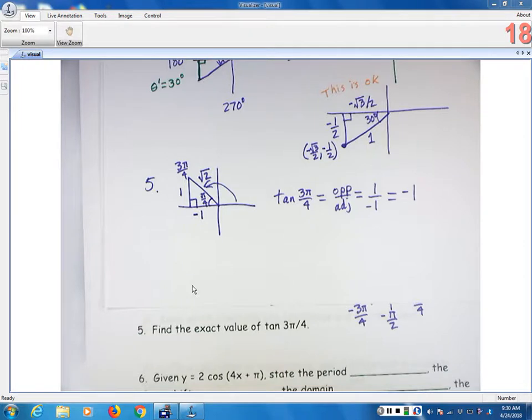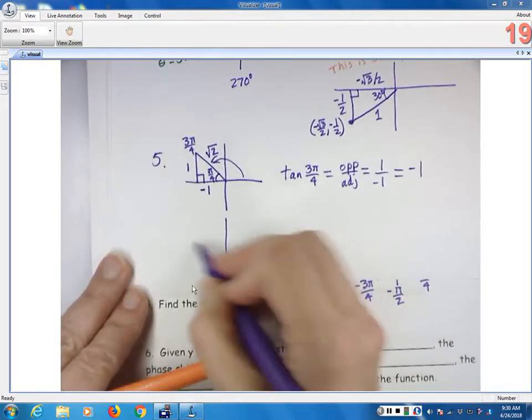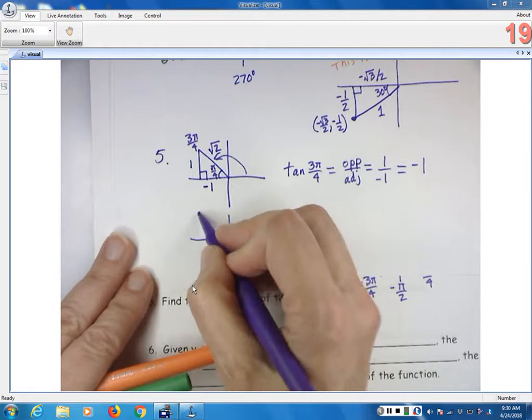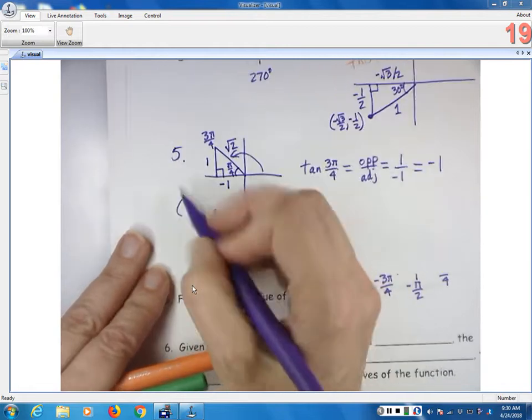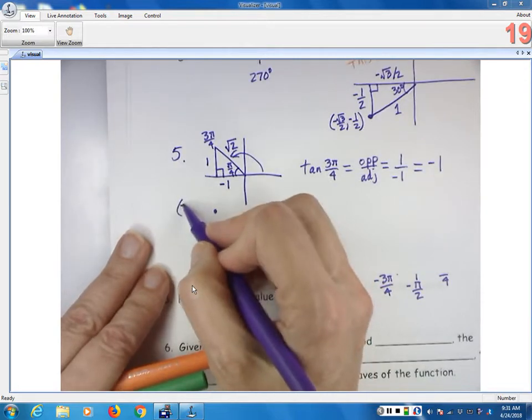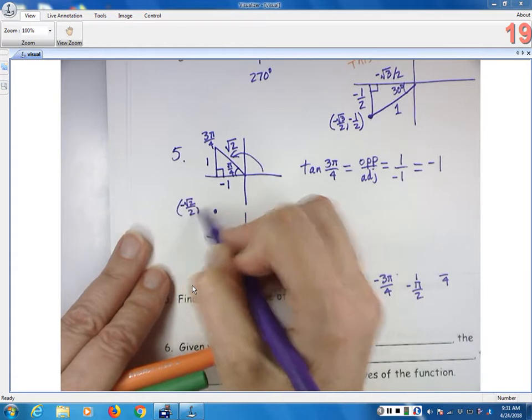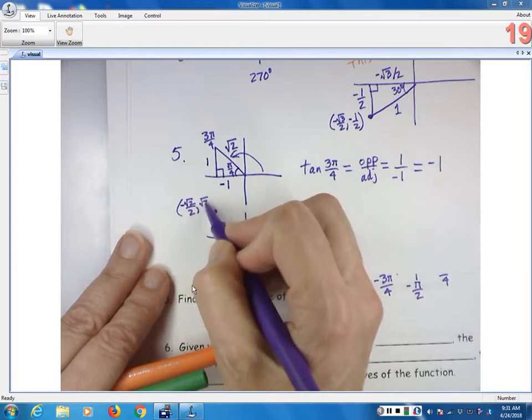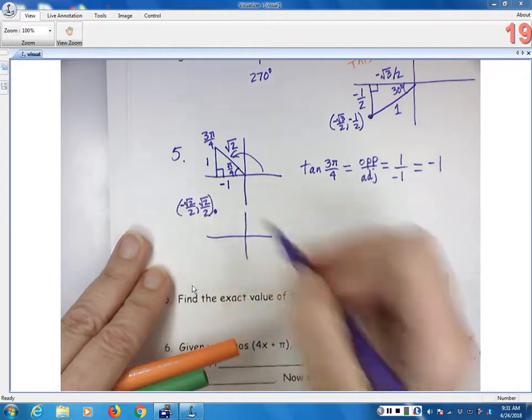I use the unit circle coordinates also. Oh yeah, okay. And you can use, so just show that if you're using the unit circle coordinates, just write down the math of like root 2 over 2. Yeah, so if you want to do it with the unit circle, you actually have negative square root of 2 over 2, square root of 2 over 2, right? Yeah.